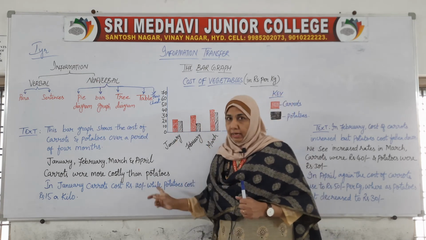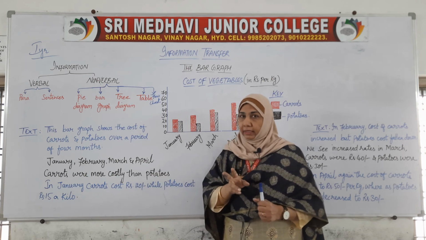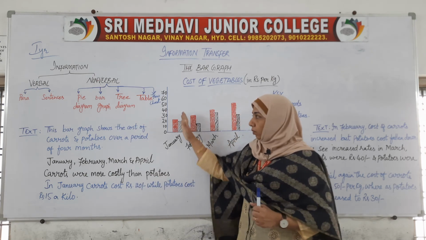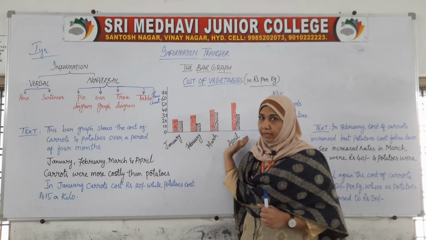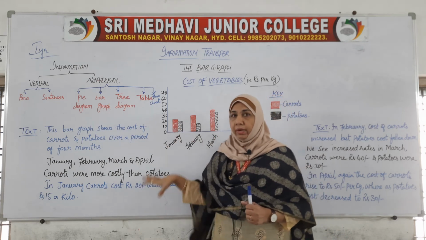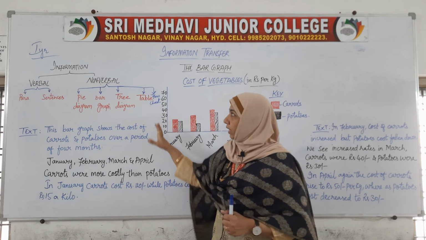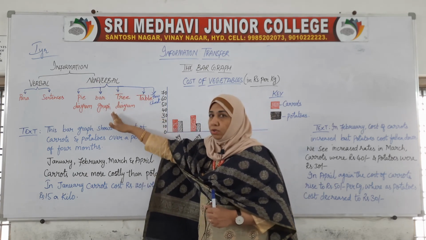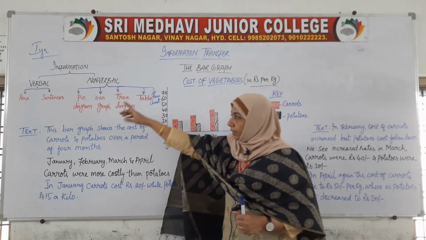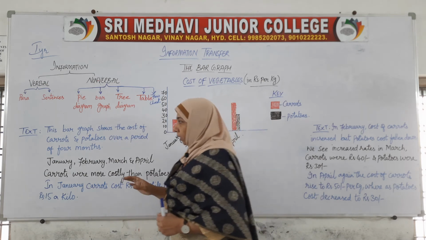In one class I have taught you both things: how to draw the bar graph, and how to write it in the form of sentences. We have done both, one non-verbal and the other verbal.